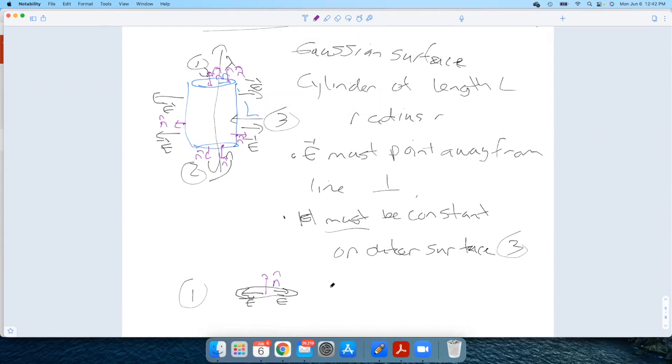Those are perpendicular. The dot product of perpendicular vectors is 0. Up on that surface, E dot N is 0. So the flux, let's call it flux number 1, of E dot dS, that's just 0. The flux up on top is 0.